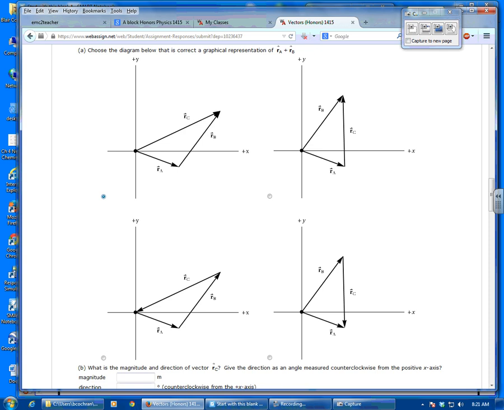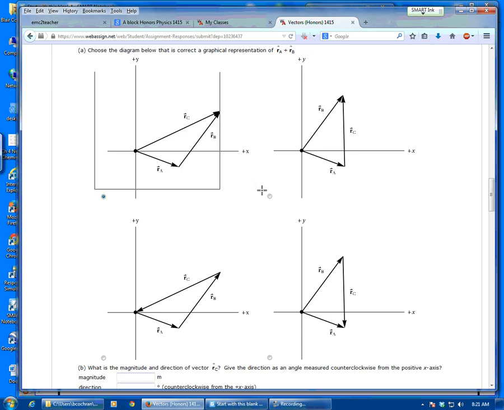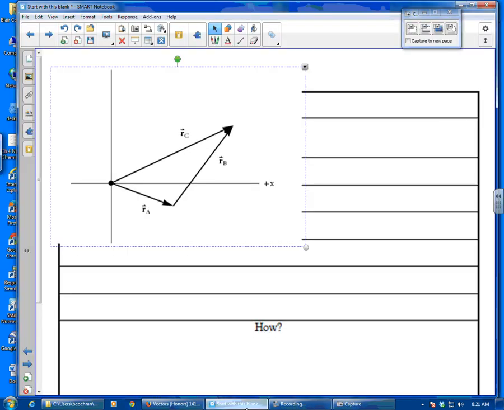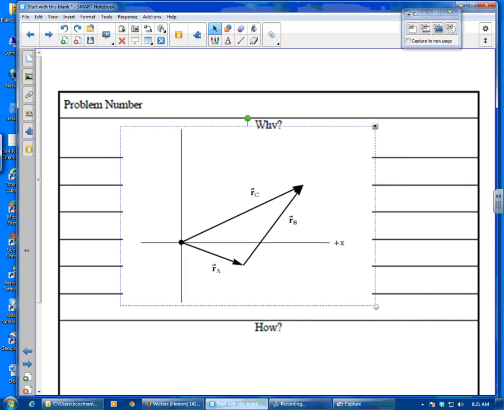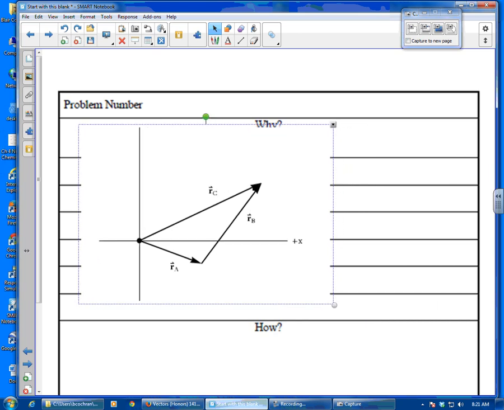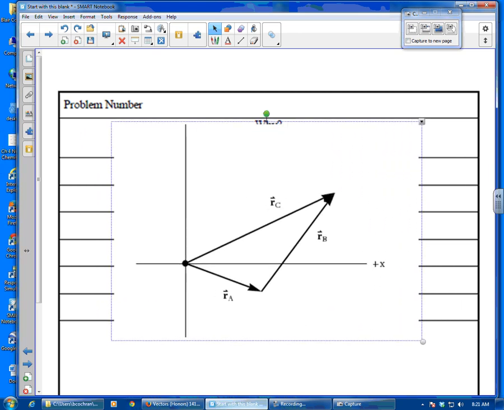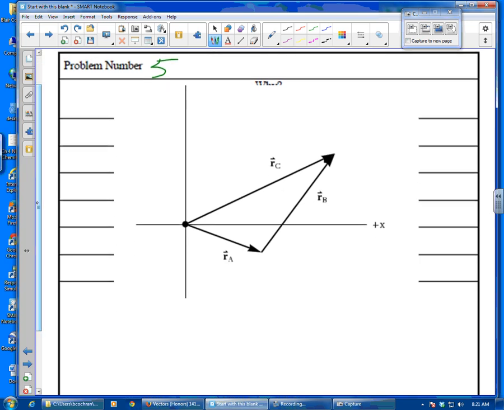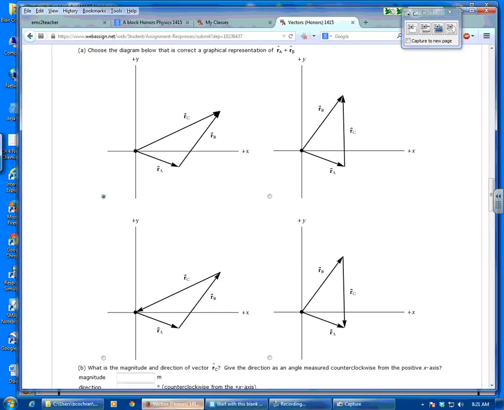So that's the vector diagram I'm going to use for my now diagram. So this is going to be number 5. Now I need to get the right information.